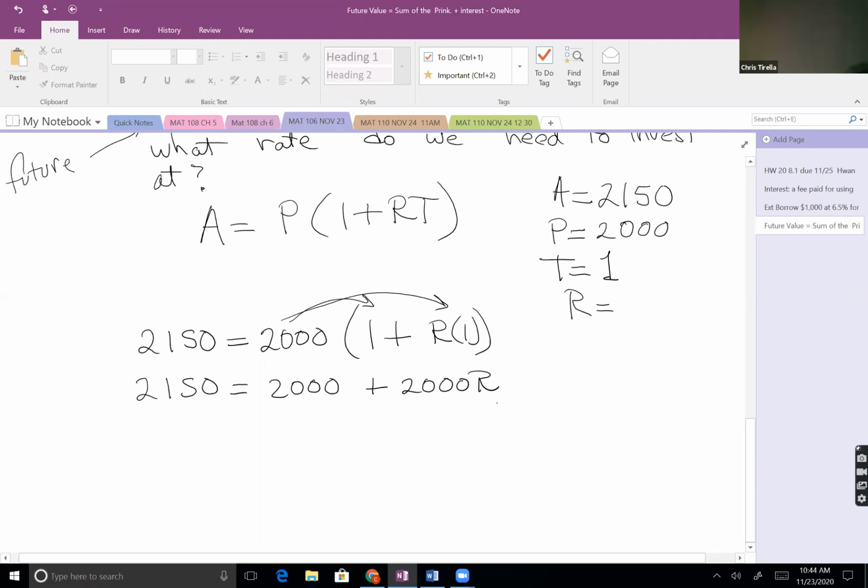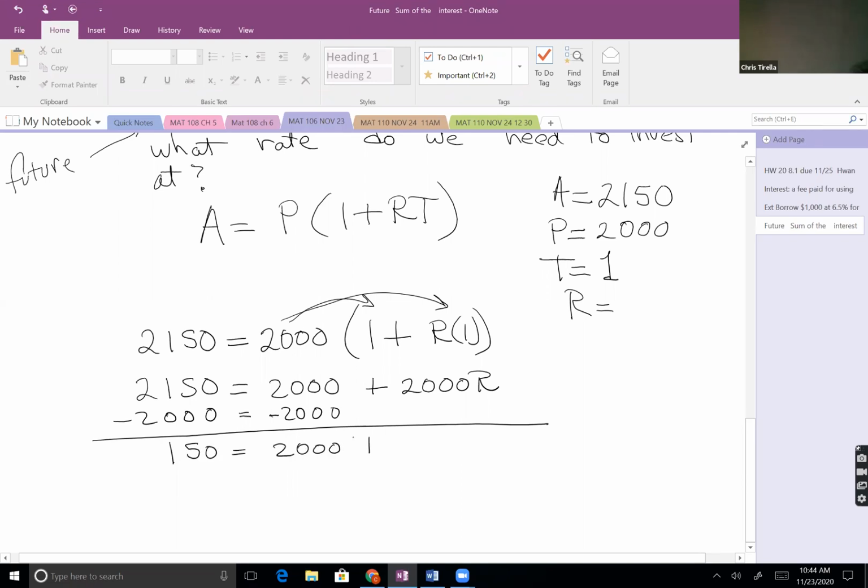When you're solving for a variable, the first thing you want to do is get that variable term alone. So we'd subtract the first 2,000 from both sides. And that gives me 150 is equal to 2,000 times R.